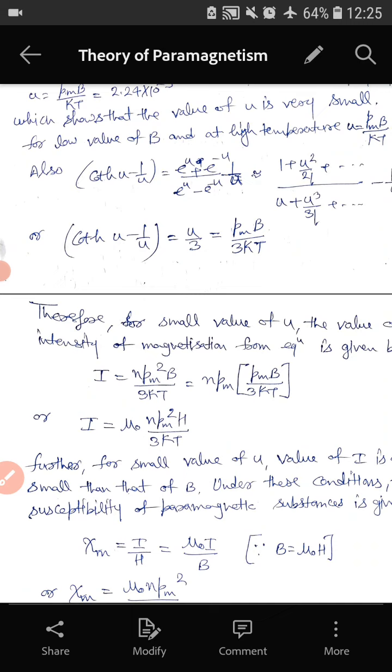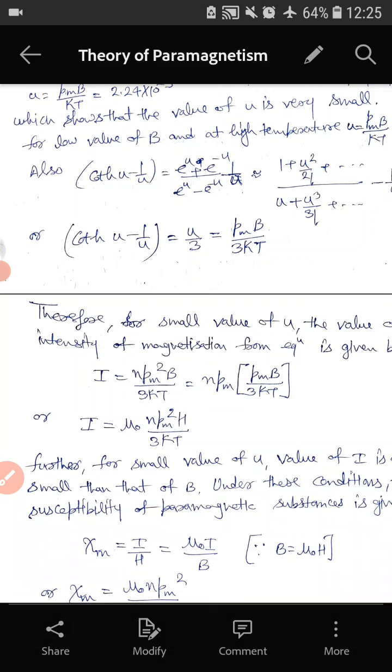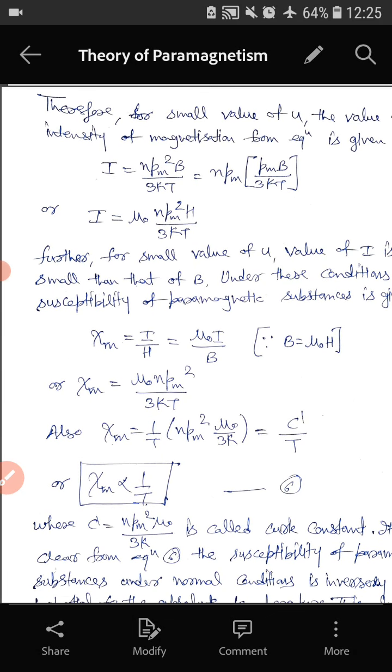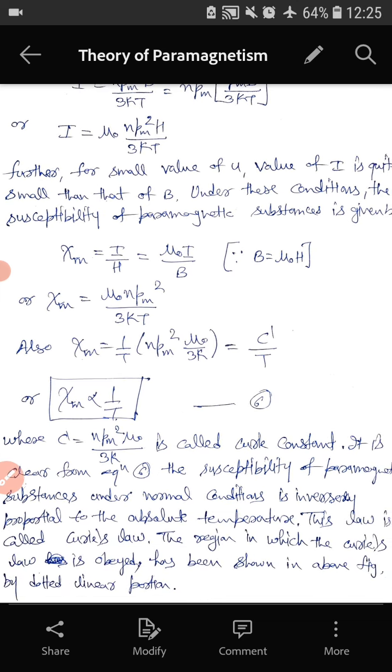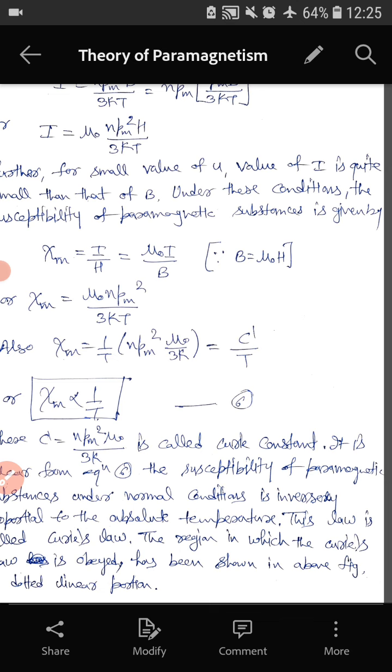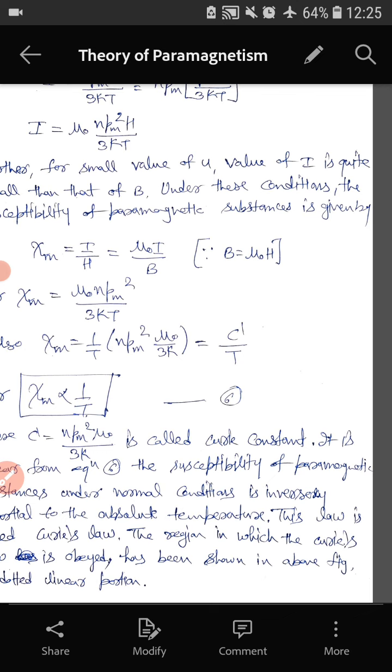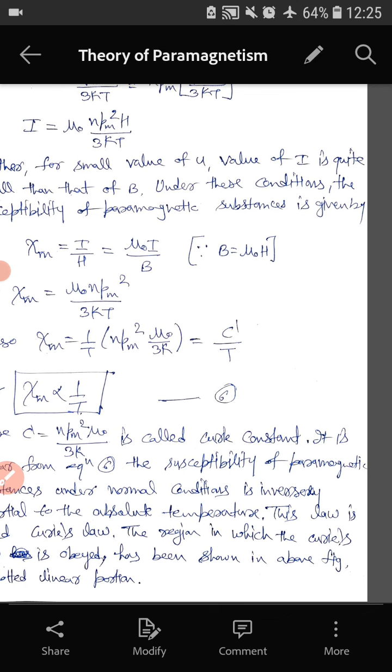So all these things can be taken equivalent to C. What we have observed is that the magnetic susceptibility for a paramagnetic material is proportional to 1 by T, and the constant C is known as the Curie constant. So it is clear that the susceptibility of a paramagnetic substance under normal conditions is inversely proportional to absolute temperature. Normal conditions means at high temperature and low value of B. This law is called Curie's law.